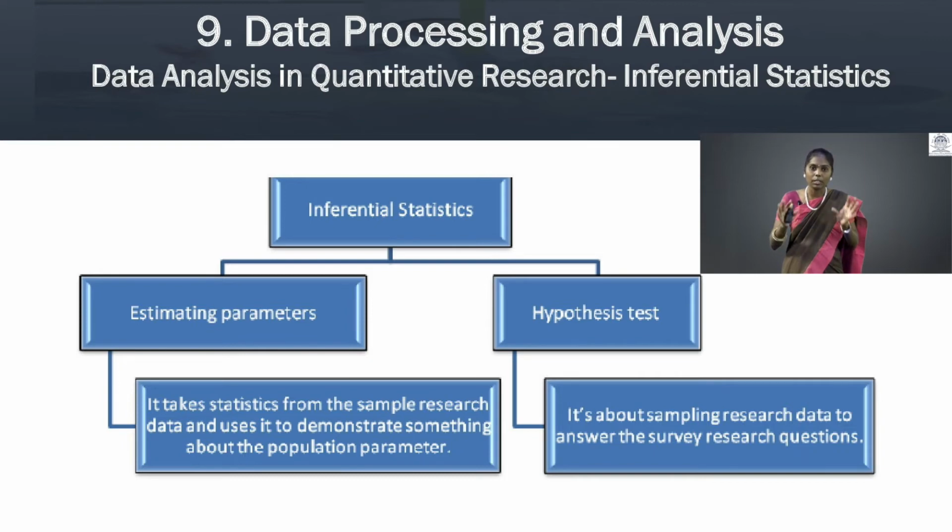If 10,000 is the population, out of that 50% would be brilliant students, 30% would be average, and 20% would be low-graded students. So based on the smaller sample, the whole population is estimated.